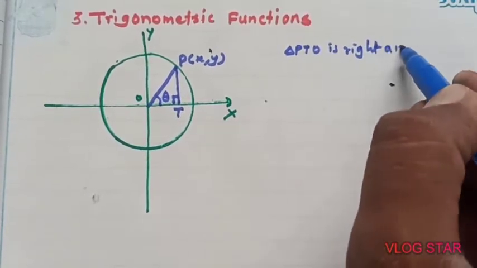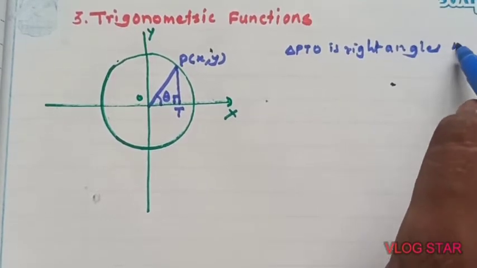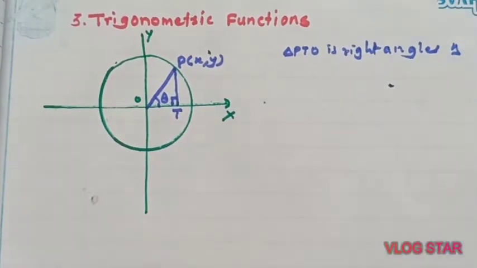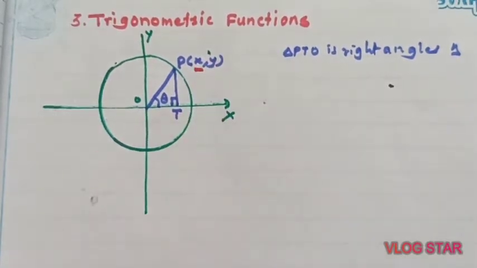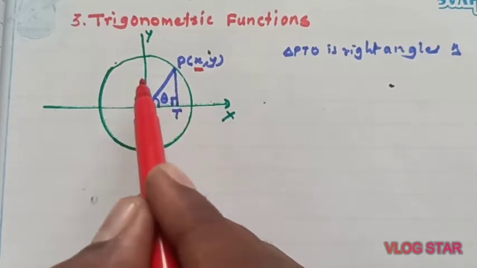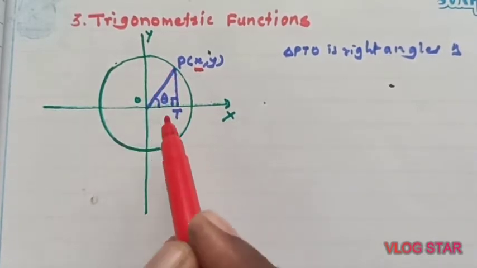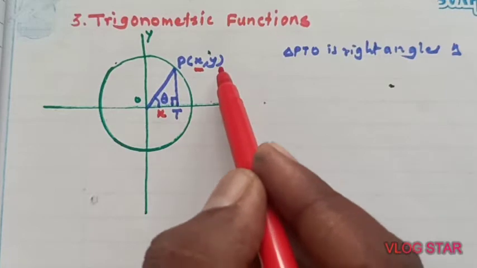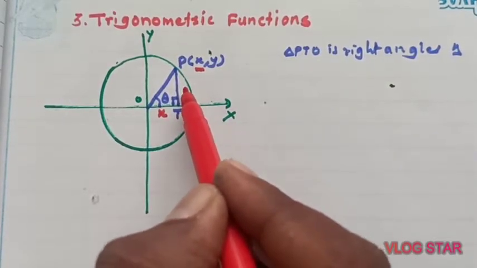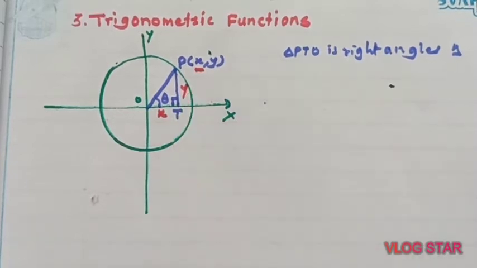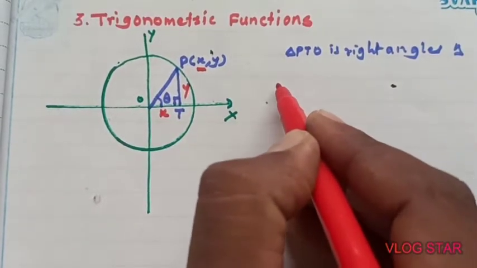So in this triangle, what does it mean? The x coordinate is the horizontal distance of P. So this is x. The y coordinate is the vertical distance of the point from the x-axis. This is y. And by trigonometric ratios we can redefine all the ratio functions.